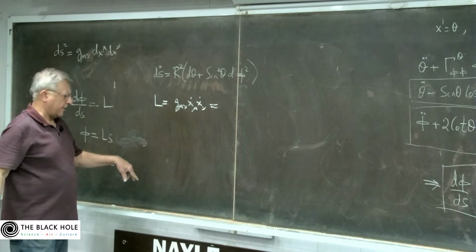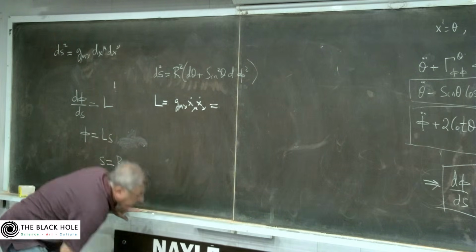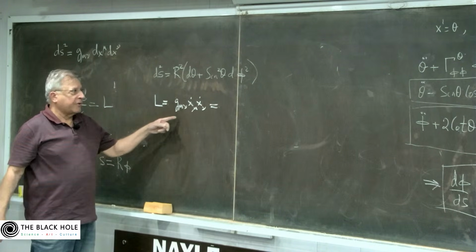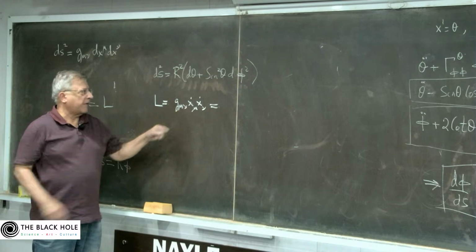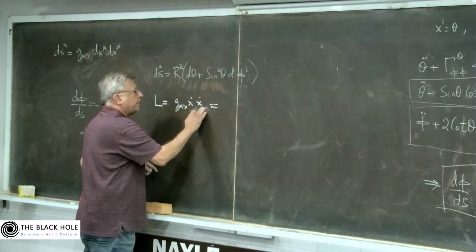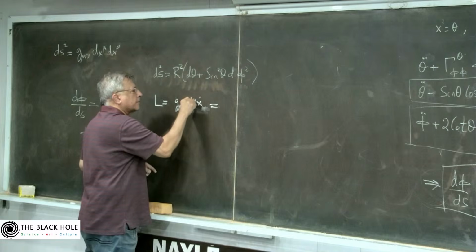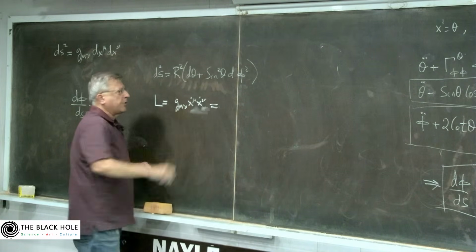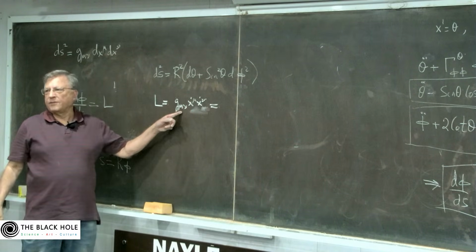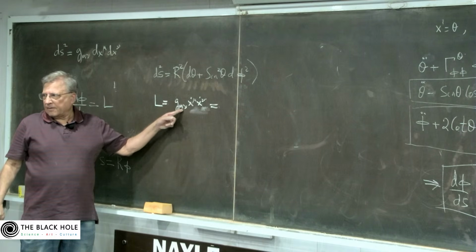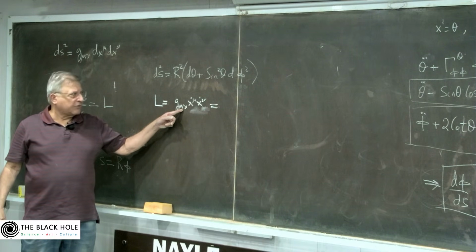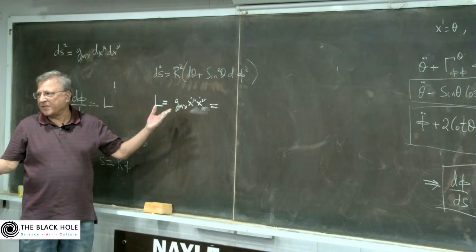Which is what? Do you remember all the g mu nu, and, sorry, this goes up. Can you write this for me? What is it? So it has to be diagonal, right?